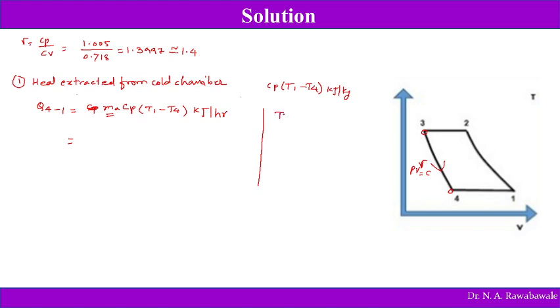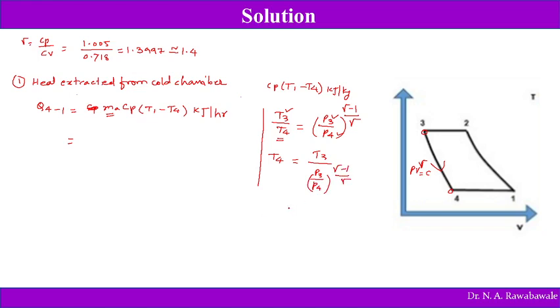So applying this, T3 divided by T4 is equal to P3 divided by P4 to the power of gamma minus 1 divided by gamma. So we know T3, we know P3, we know P4, we don't know only T4. So T4 is equal to, transferring this T4 to the right hand side, we get T3 divided by P3 divided by P4 to the power of gamma minus 1 divided by gamma.